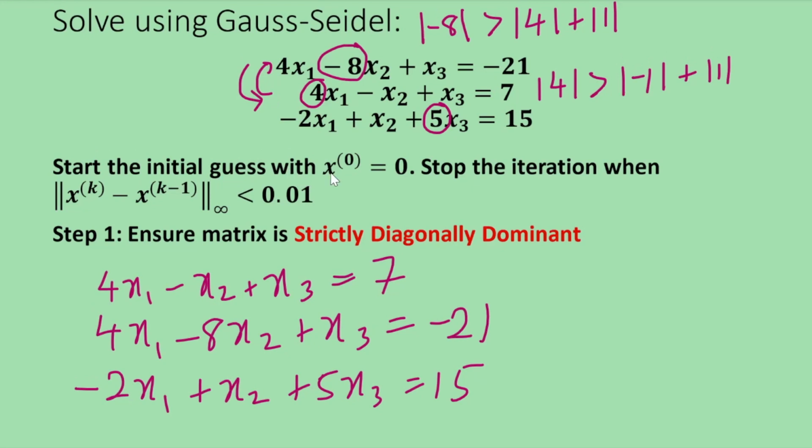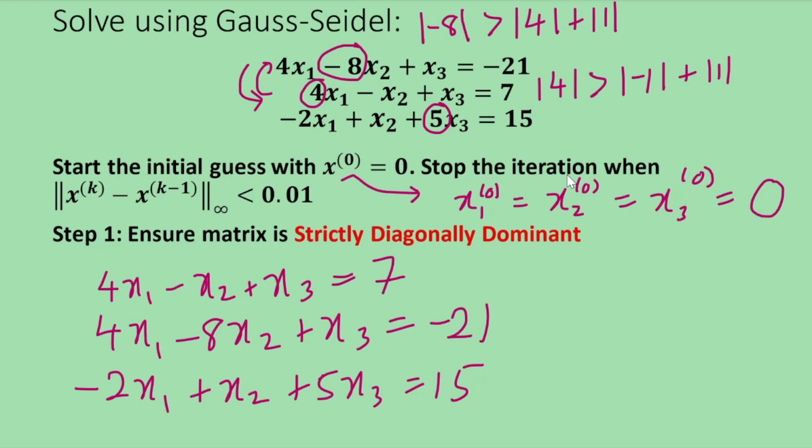Start the initial guess with x when the step is 0 as 0. So all of the x values, x1 when the step is 0 equals x2, 0 equals x3, 0. The values are 0. So these are our initial values or initial guess.